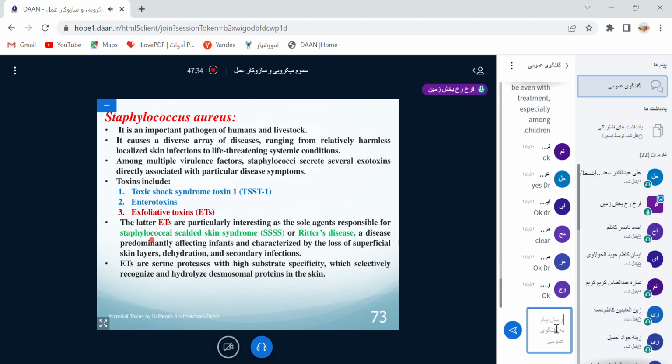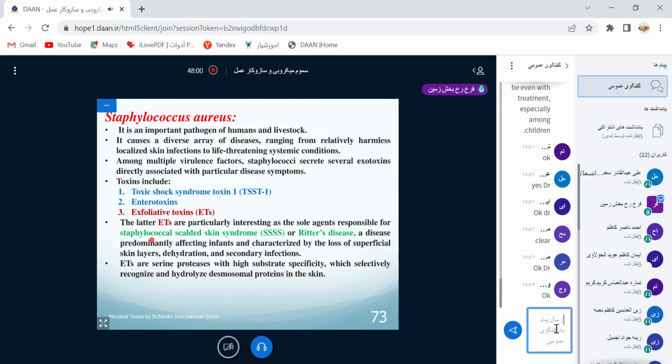So this infection is caused by the attack of some strains of Staphylococcus aureus on the skin, mostly of infants and children. Why rarely in adults? Because we have a strong immune system.